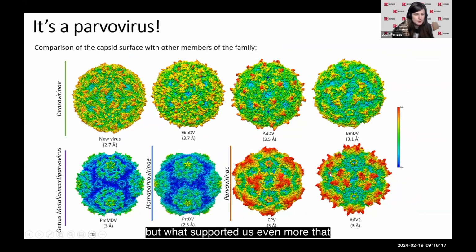But what supported us even more that this is indeed a densovirus was that although this is a completely new capsid surface morphology within the family, it's still a variation of the same theme and completely in line with how other densoviruses look on their capsid surface, as opposed to other members of the Parvoviridae in the other subfamilies.